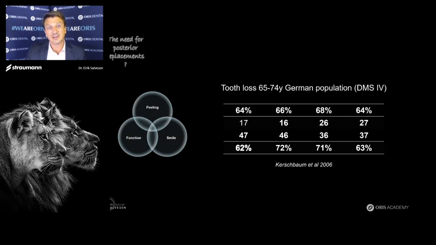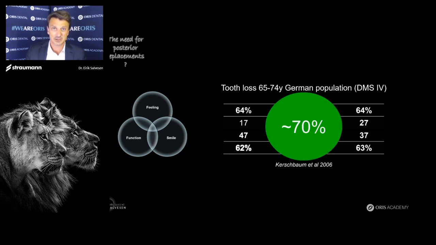What you will see is the tooth loss in the population between 65 and 74-year-old Germans, where if we talk about the first molar, tooth number 1-6, 2-6, 3-6, and 4-6, they're on average missing in about 70% of the population. So yes, there's a need for posterior restorations.